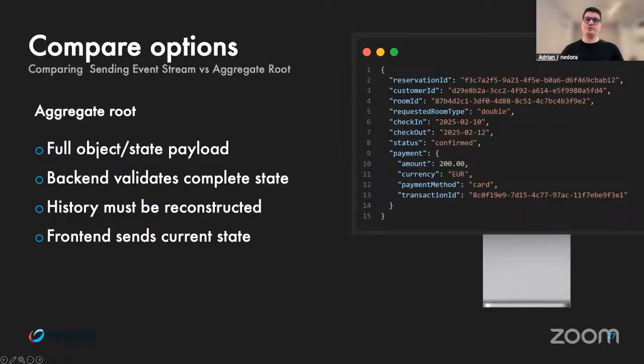So when you look at this comparison, keep in mind the payload size, the audit trail, the network usage, backend validation, and so on. You can summarize it as option one if you need more data, more insights, more audit. But if you want something simpler, leaner, you can use the aggregate route.